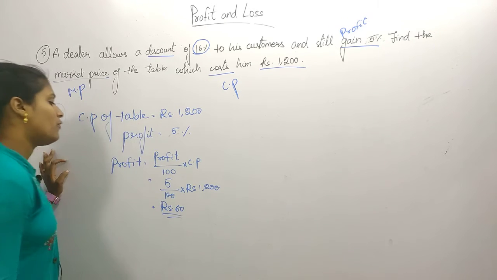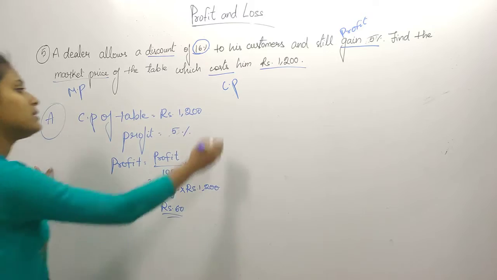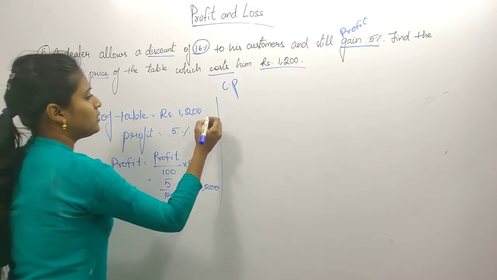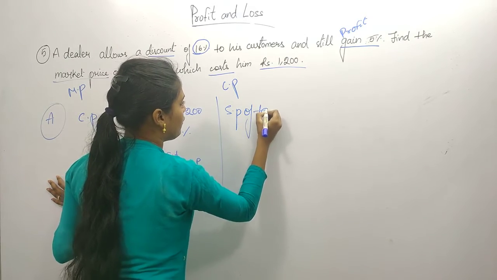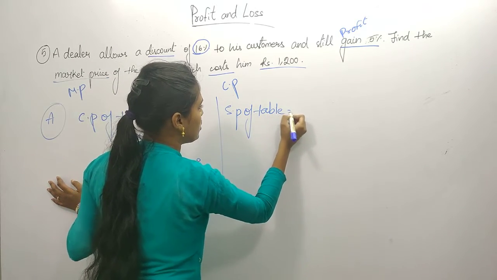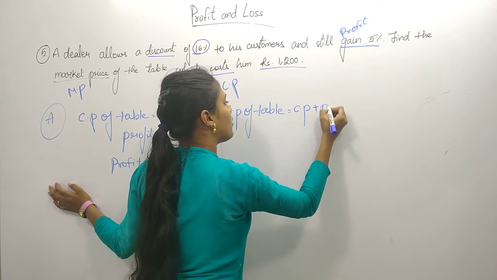Okay, we found out the profit. Now what do we have to find out? We have to find the selling price of the table. What is the formula? Selling price is equal to cost price plus profit.